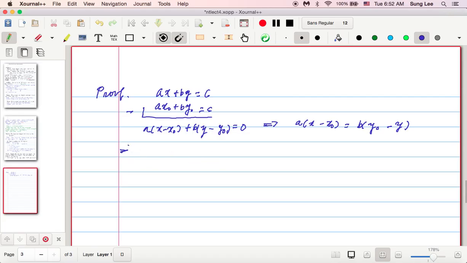Next, I'm going to divide this equation by d, the greatest common divisor of a and b. So a over d, which is an integer, times x minus x naught equals b over d times y naught minus y.